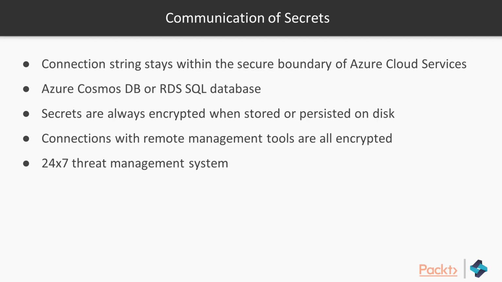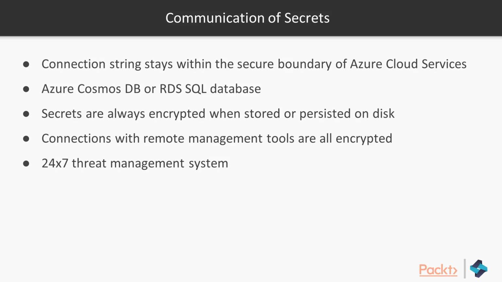Another security feature is that the communication of secrets, such as connection strings between our application and other Azure resources, stays within the secure boundary of Azure Cloud Services. These resources can be Azure Cosmos DB or RDS SQL database. These secrets are always encrypted when they're stored or persisted on disk.